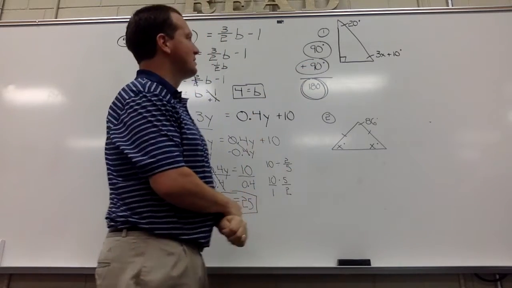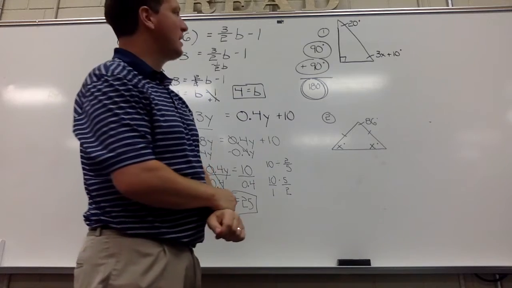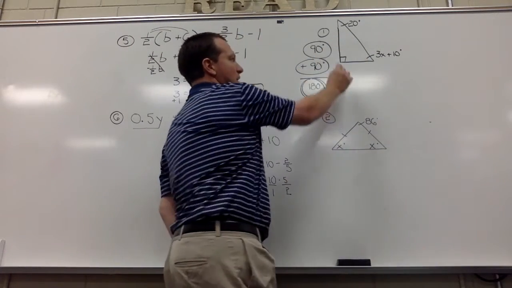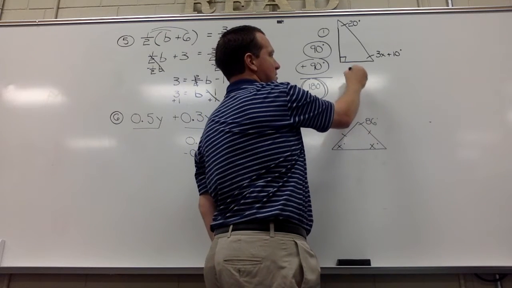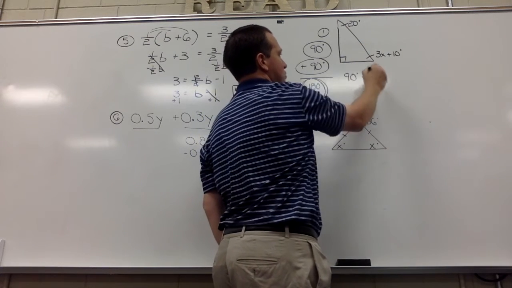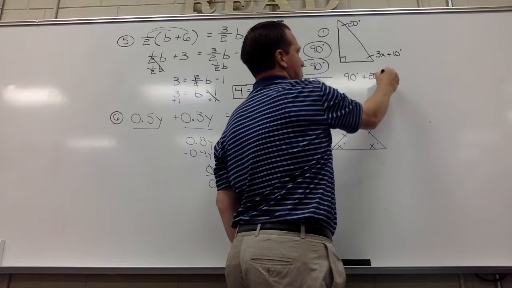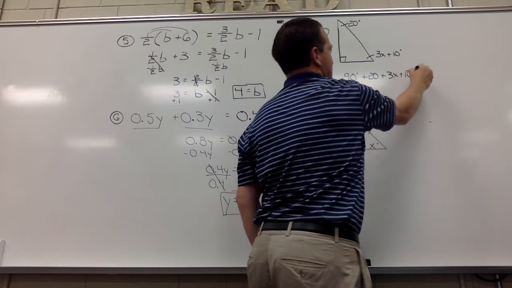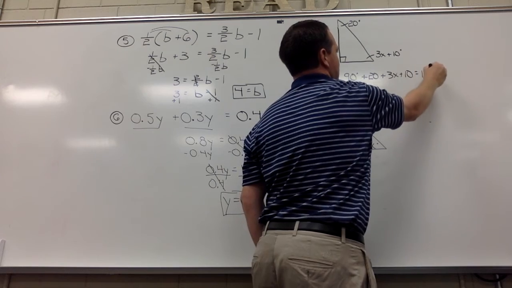I'm not going to make this any more challenging than it has to be. So I'm just going to write down my three angle measures. I've got a 90 here, my right angle, plus I've got a 20, plus I've got a 3x plus 10. And I know these need to sum to 180.